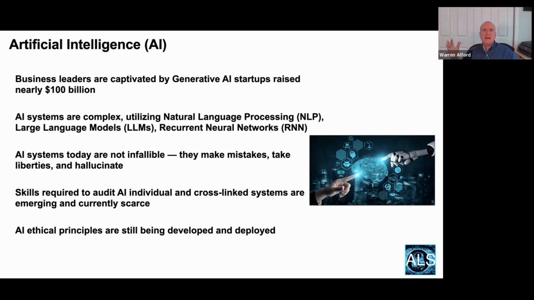They utilize natural language processing, large language models, recurrent neural networks. All these are terms that you may have heard of, and we'll cover what they are a little bit more in depth. These systems today are not infallible. So one thing to keep in mind is that AI is really in the infancy of its development.